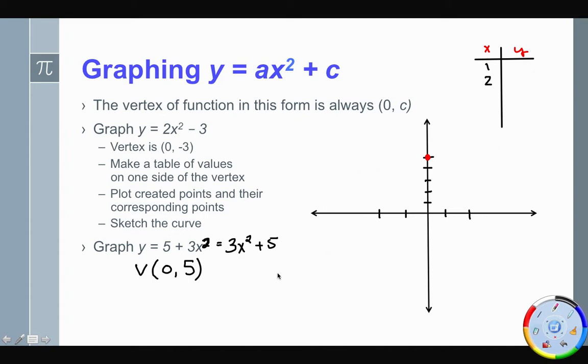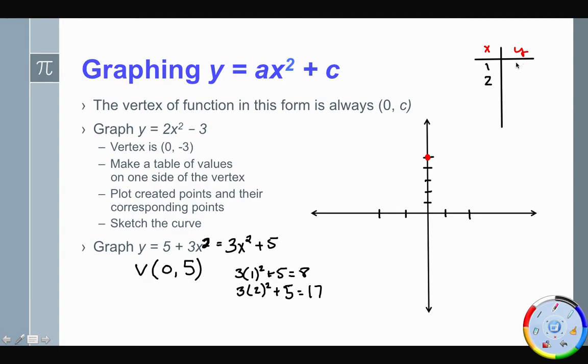If I plug in x equals 1, I get 3 times 1 squared plus 5. 3 times 1 squared is 3, plus 5 is 8. And then if I plug in 2, I get 3 times 2 squared, which is 12, plus 5, which is 17.